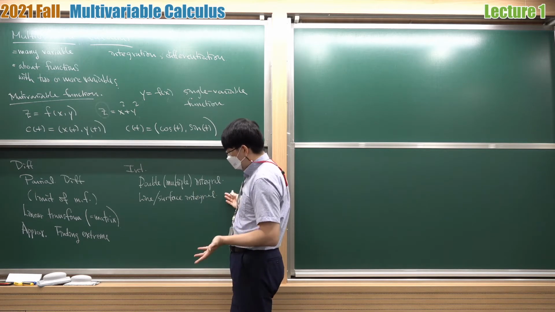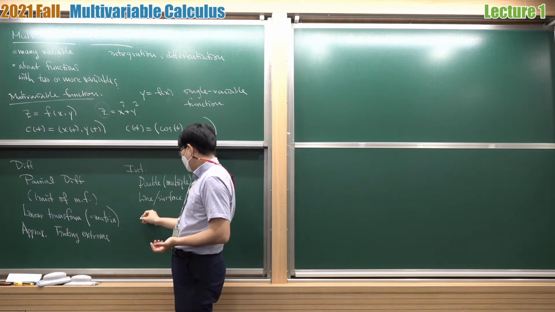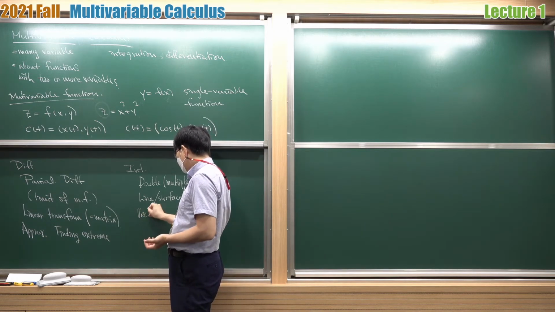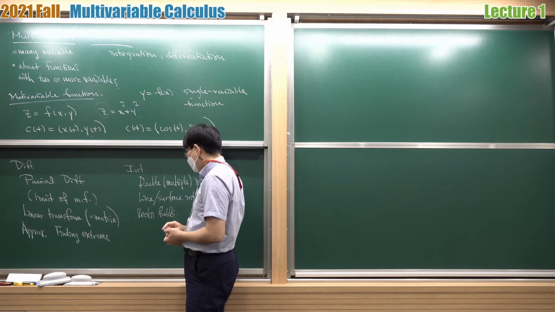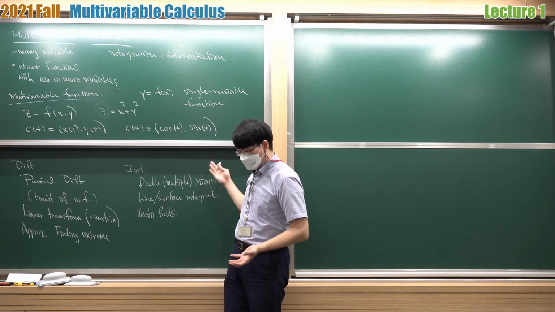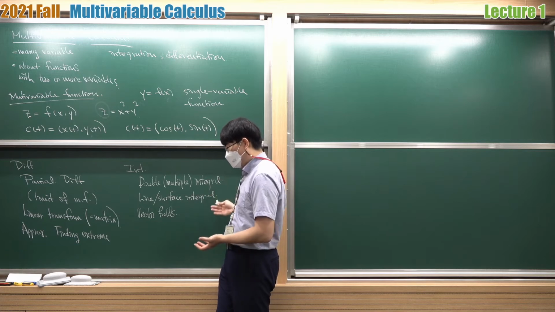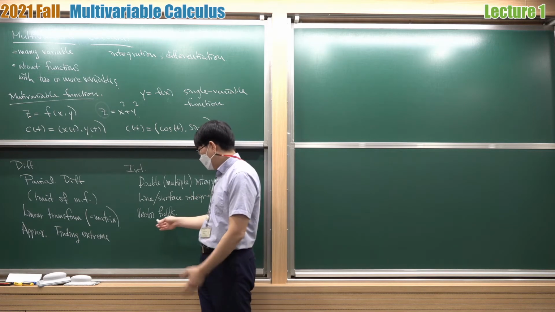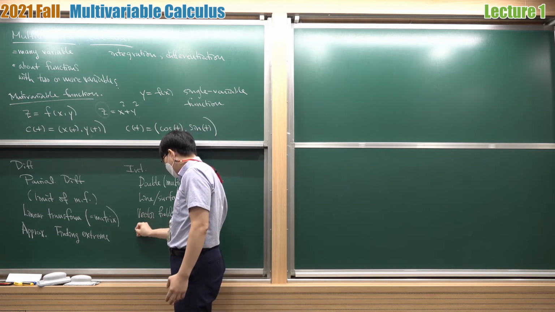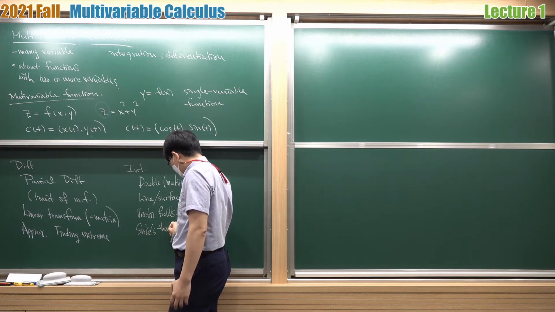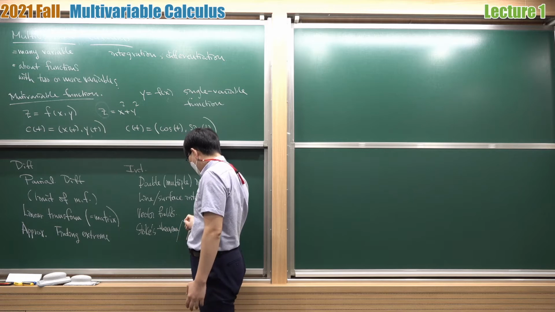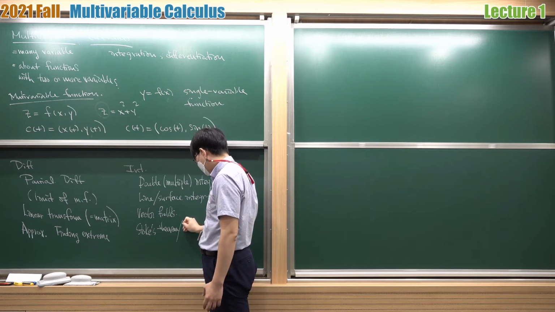Once we know these concepts, we have to talk about vector fields. If you understand this concept perfectly, then we are ready to talk about Stokes' theorem, or Gauss's theorem, which is called the divergence theorem.